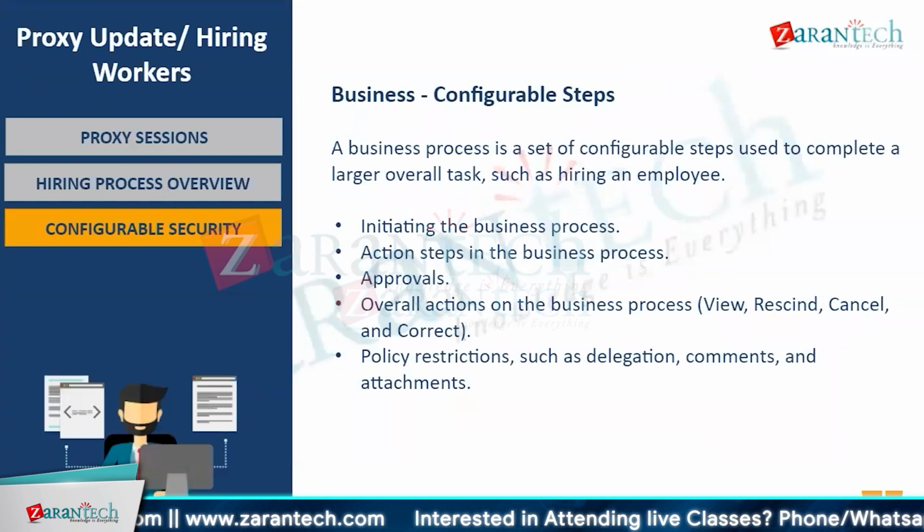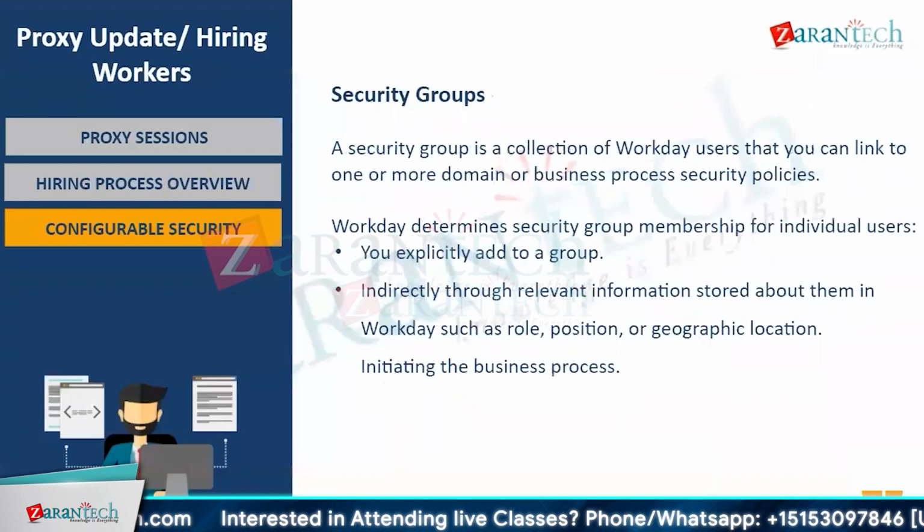Okay, so we talked about the BP stuff. Security groups, hopefully now it's kind of made sense, right? All a security group is, is a collection of Workday users. So when a Workday user gets created, they basically just have an account. Once you hire them, they have an account, but they don't have any real access to anything. There's certain groups that a user can just default into.